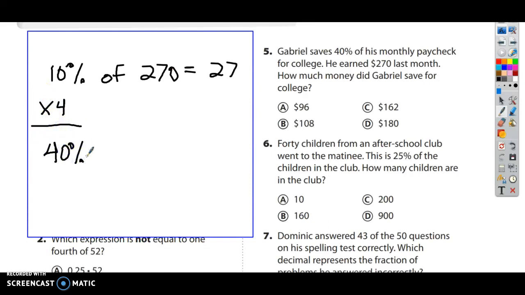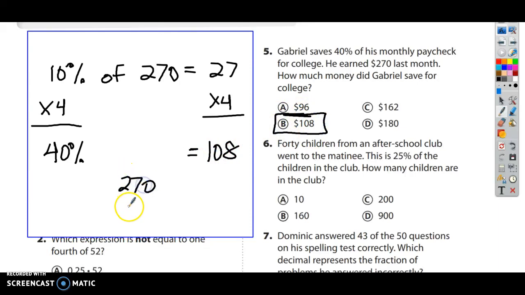So if you do 10% times 4, you also need to do 27 times 4. And I can pretty much do that mentally. 27 times 2 would be 54, and 54 times 2 would be 108. The answer is 108. Like I showed you at the beginning, the other way you could solve this one was you could do 270 times 0.40. You get the same answer there. All right, let's move on.